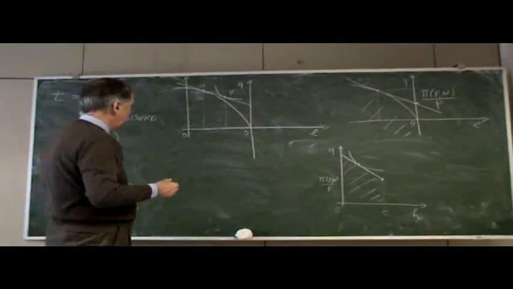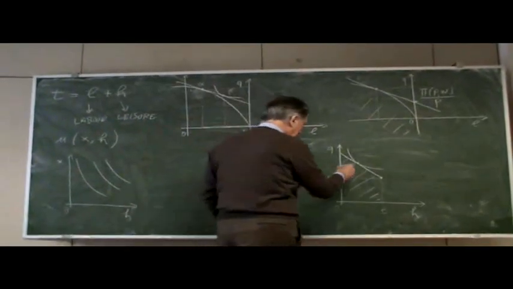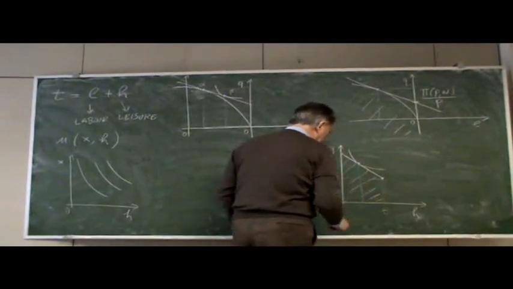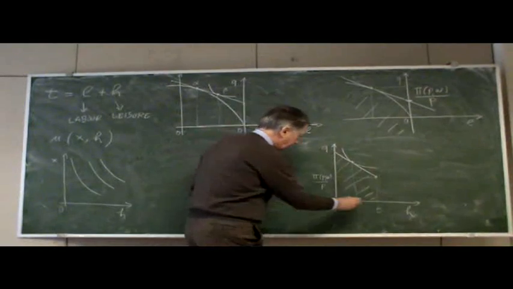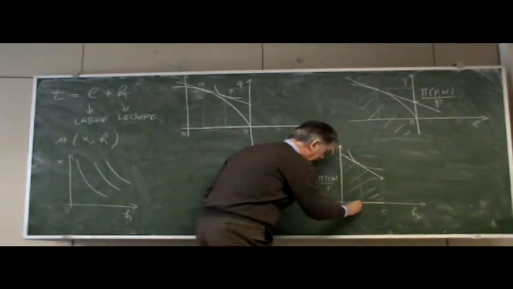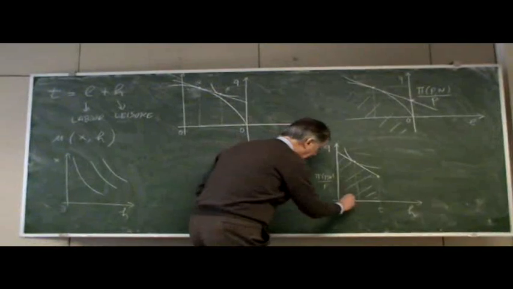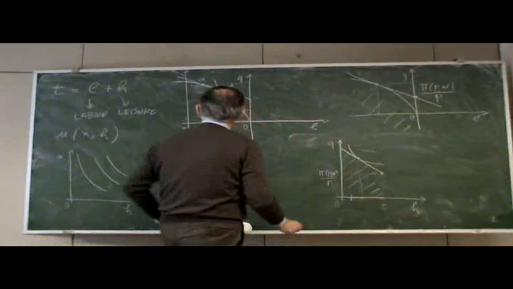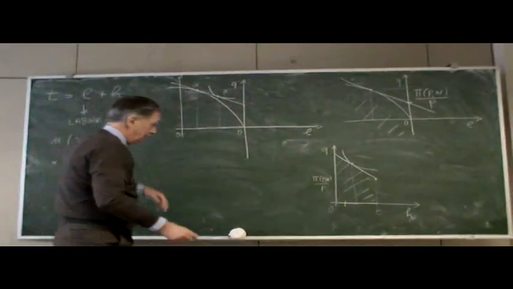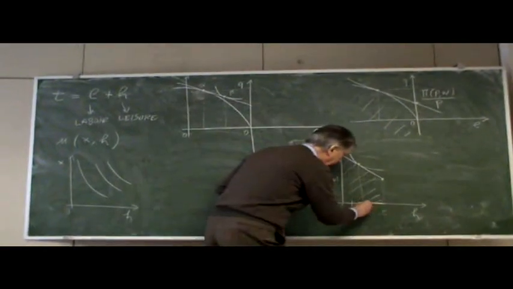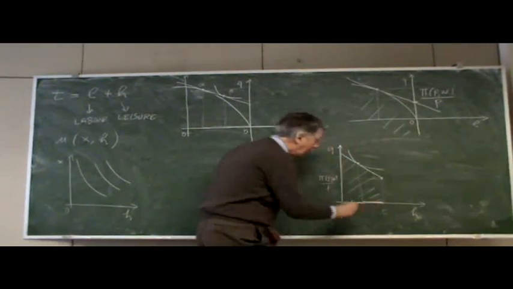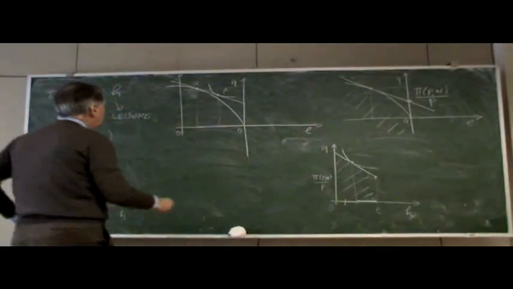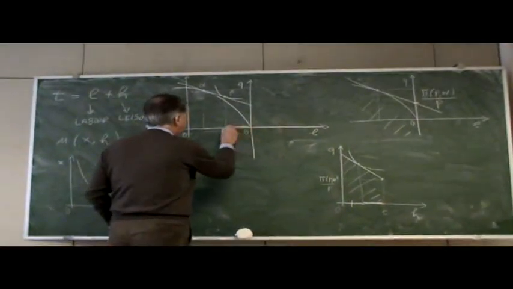Why? Let us consider the situation more attentively. This is the total available time. Well, this is the optimal quantity of leisure. So, by this equality, this segment represents the supply of labor by the consumer. And you obtain exactly this segment.